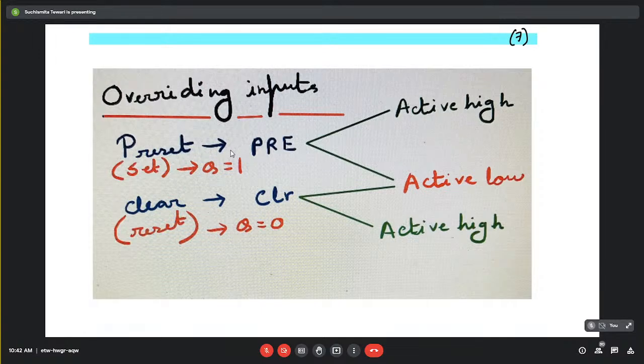What can it override? It can only override the already existing input, or in short, it can override the data input.